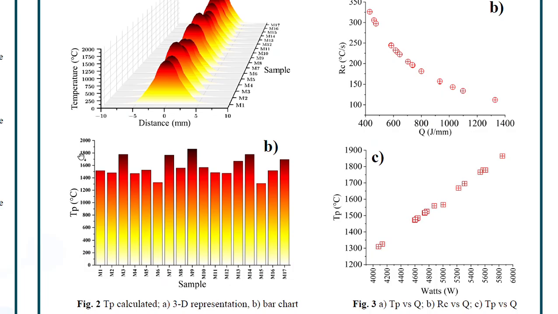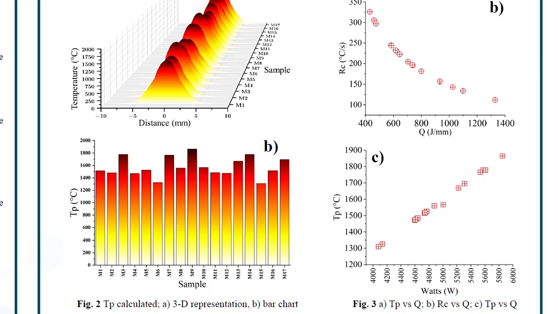The results show that the process is highly sensitive to a small variation in current, voltage, and welding speed. And it also confirms that the heat input alone is not a reliable predictor for peak temperature. But why? Mainly because of heat losses in water and the mentioned arc instability.